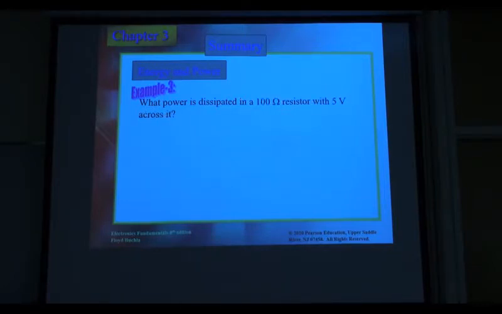What power is dissipated in a 100 ohm resistor with 5 volt across it? What do we know here? What's this? Resistance. What is this? Voltage. So we know V, we know R. What formula should we use? P equals V squared over R. Perfect.